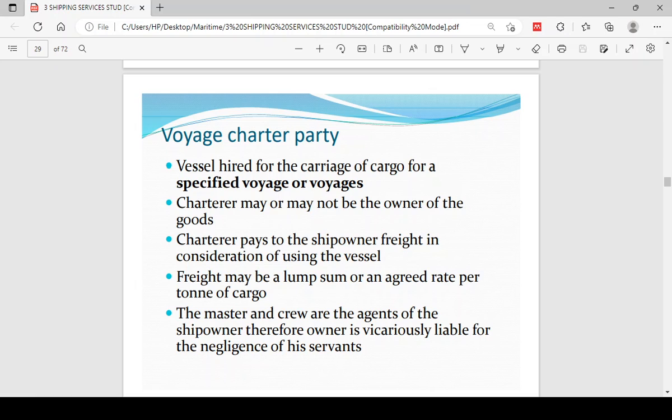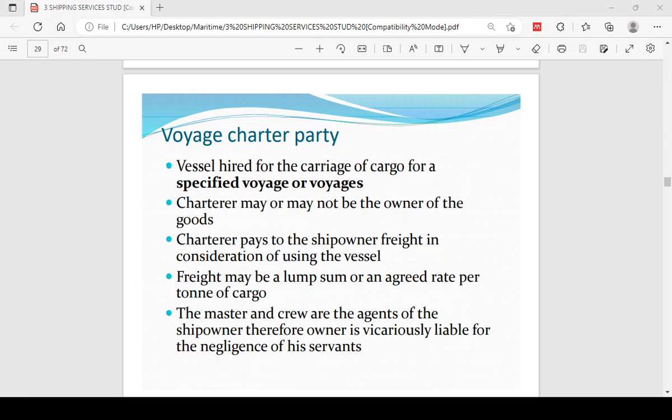And so the reason why this aspect is stressed is that, in chartering, if there's any problem, they will usually go to court or maybe to arbitration, but they want to know whose fault it is and who is liable for that fault. So if the master and the crew are the owner's responsibility, any problem they create is the ship owner's problem.